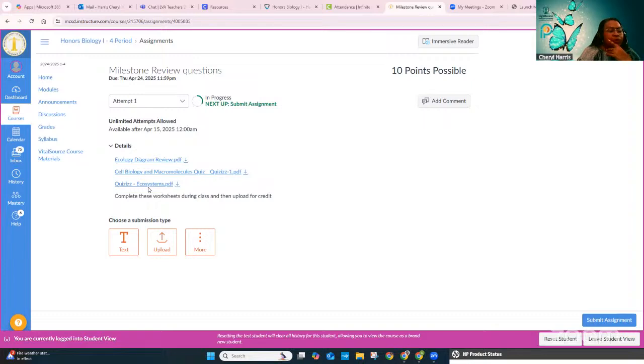So when you pull up this page, open the diagram review first. There's no questions on that. I just want to discuss those pictures with you. And then we're going to do the ecosystems.